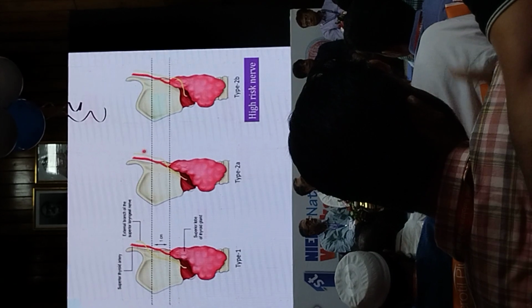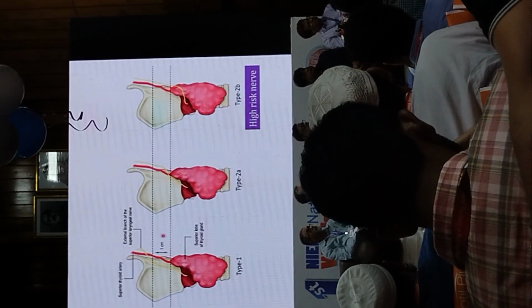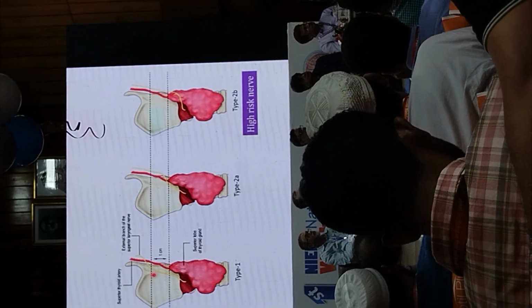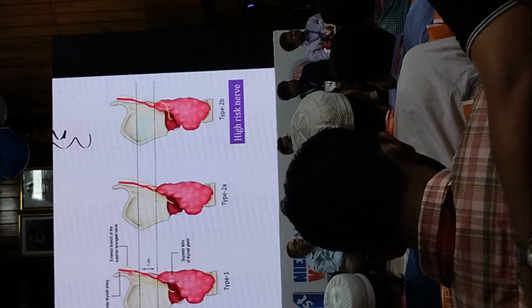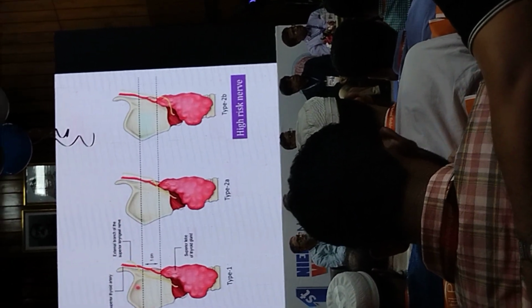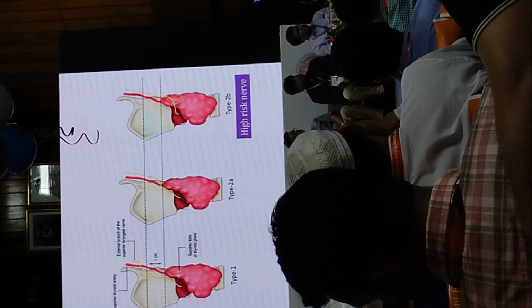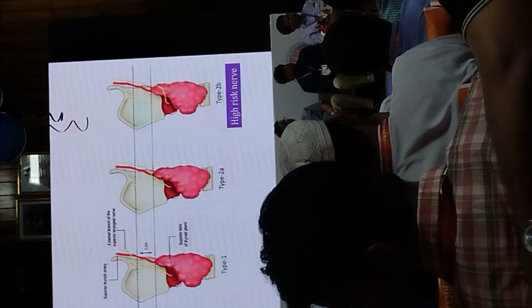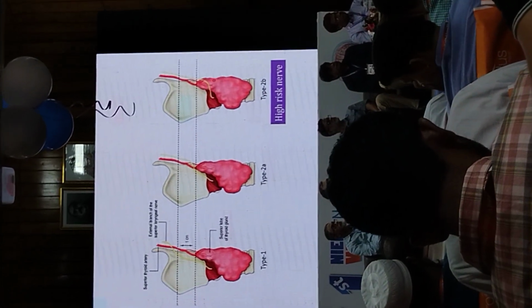So you see here, this is type 1, this is type 2A and type 2B. So the nerve that passes above the 1 centimeter, type 1, is a safe nerve, and the chance of injury is less. But type 2B is underneath the upper pole, so it carries more risk. With all attempts, you may still injure the nerve.